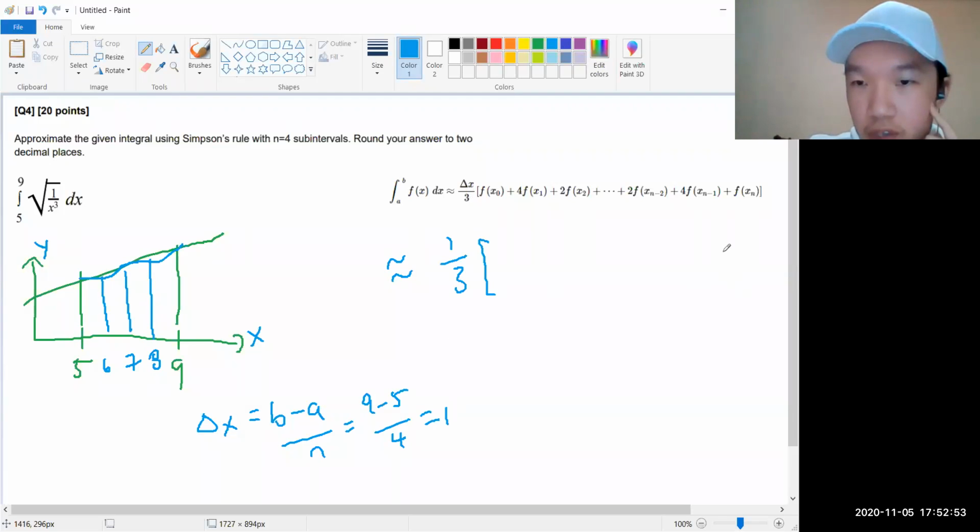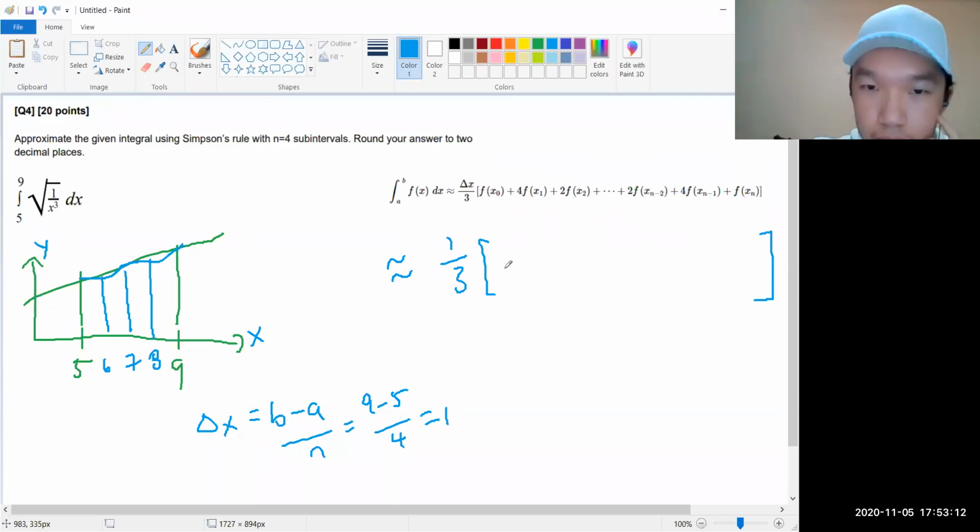So inside the parentheses goes the rest of your formula. And the formula goes like so. If you look at the coefficients, it's 1, 4, 2, and then it starts alternating. So 1, 4, 2, 4, 2, 4, 2, 4, 2, 4, and then the last term is going to be 1 again.